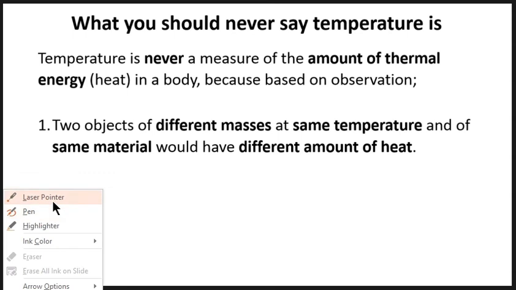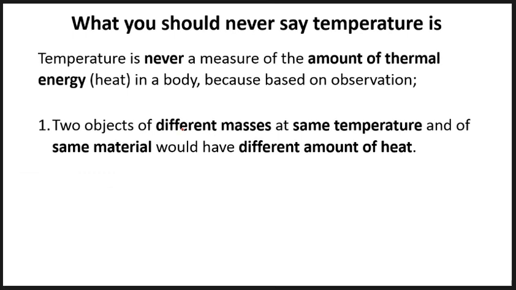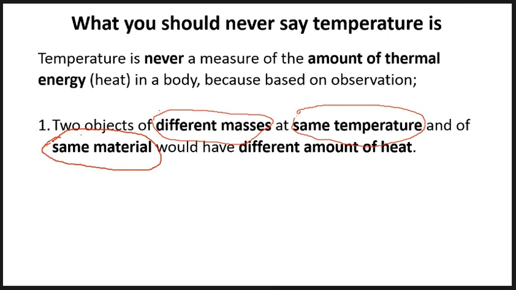Like if we have two different masses, 20 gram and another one 50 gram, and those two masses have the same temperature, let's say 30 degrees Celsius, and they are also made of the same material.